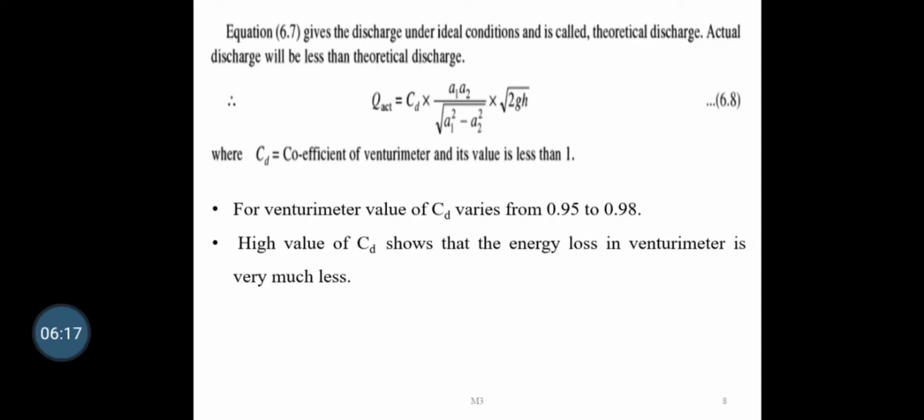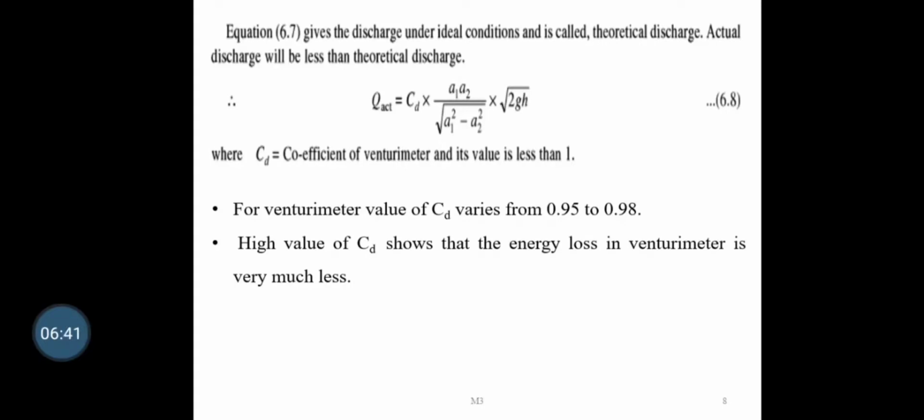It is known as coefficient of discharge or coefficient of Venturimeter, and such a discharge is known as actual discharge, and actual discharge is given by Q actual is equal to CD into A1 A2 root of 2gh by root of A1 square minus A2 square.